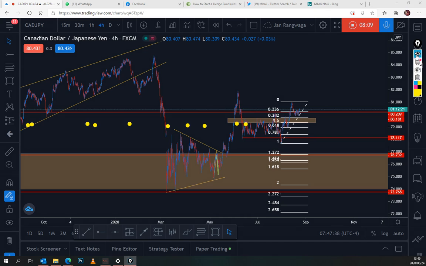Why am I saying it's a high liquidity zone? Here, you see support, support, support, breakout and support, support. Now here, it's becoming a resistance. A very high liquidity zone.